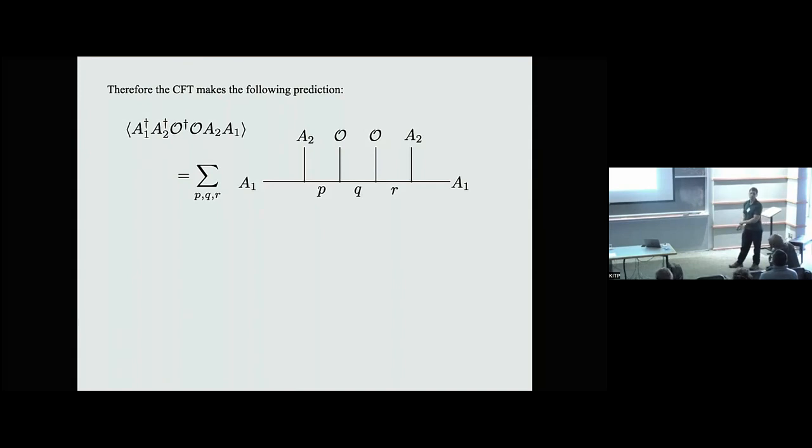Can you say a bit more about how it showed up in the calculation? Basically, there's just a counting argument. It's the same as the counting argument we did in the bulk.